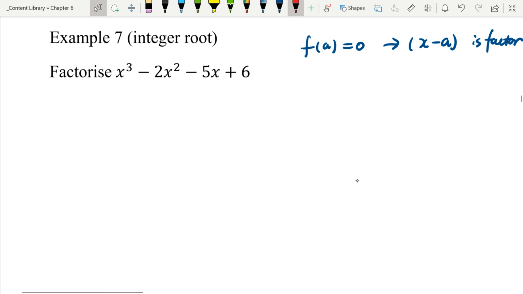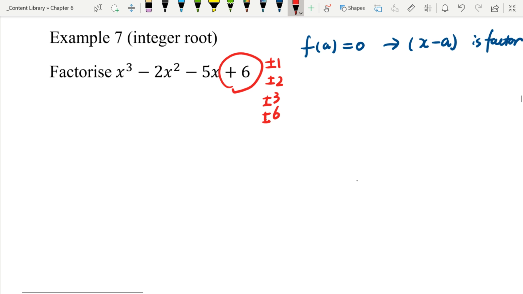If we can't answer that, what we need to look at is the constant. What are the factors of the constant? What are the factors of the 6? All the factors: 1, 2, 3, 6. The values worth us doing the trial and error with are those values, the factors of the constant.